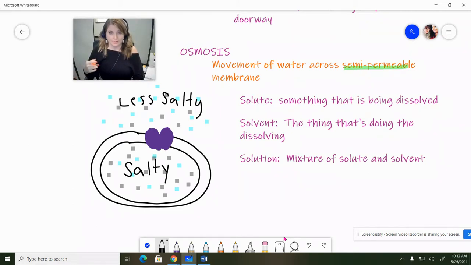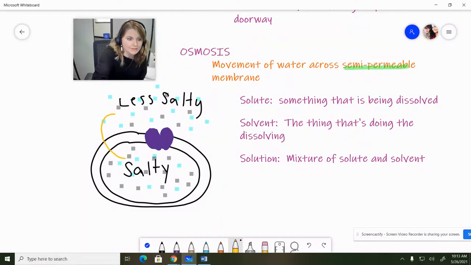We're going to move water to change the salinity of the solution. So we want to move water out of the cell in this case in order to make the inside... actually, I take that back. We're going to move water into the cell. You have to think about it, because we're only moving water.